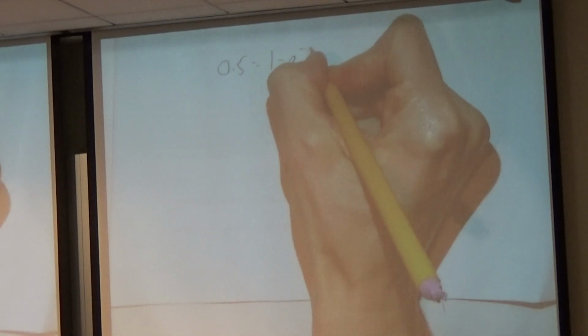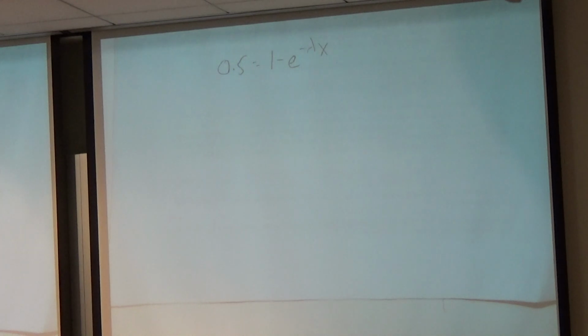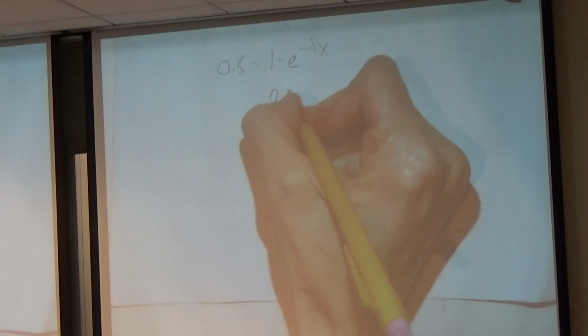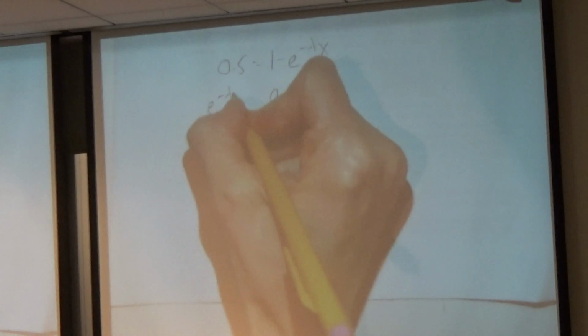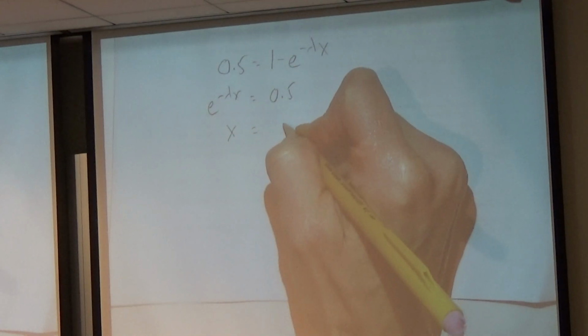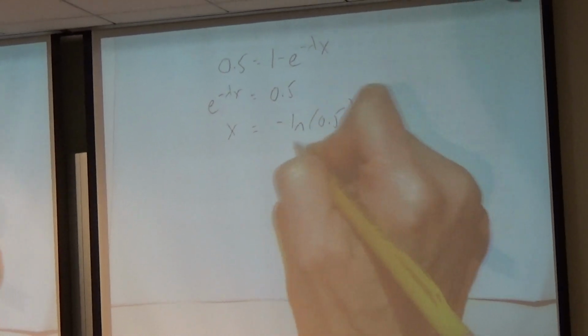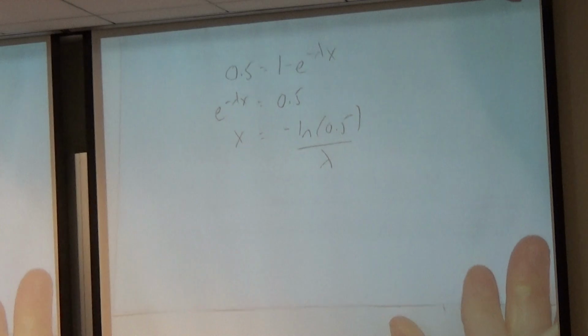So I've got 0.5 needs to equal the CDF, 1 minus e to the negative lambda x. In my case, the lambda is a half, but I'll solve it for general lambda. How do I solve for x? So e to the negative lambda x equals 0.5, so x equals ln of 0.5, I've got a negative, and I got to divide by lambda.